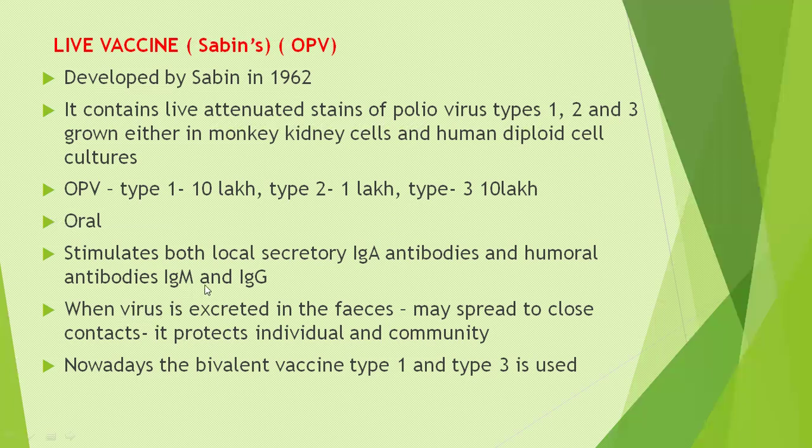As it is a live attenuated strain, the virus is excreted in the feces of the vaccinated child and may spread to close contacts. It will protect the individual as well as the community, which means it will provide herd immunity also. Nowadays only the bivalent vaccine, type 1 and type 3 of OPV, is used.